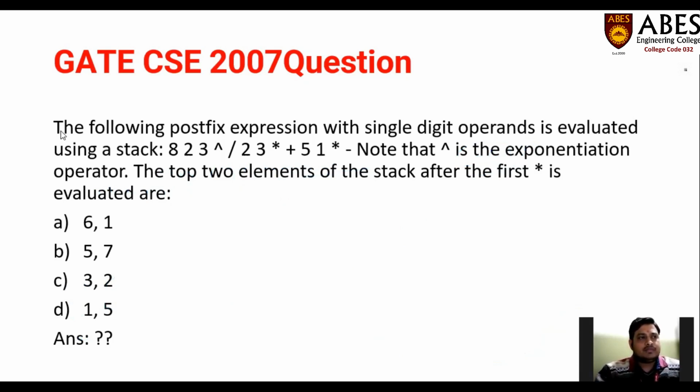Here the postfix expression is given: 8 2 3, this symbol is used for exponentiation, and after that we have the divide symbol, then 2 3 multiplication, then addition, 5 1 multiplication and subtraction. What is the question asked? The top two elements of the stack after the first asterisk symbol is encountered. What we have to find out is the top two elements of the stack after the evaluation of the first asterisk symbol.